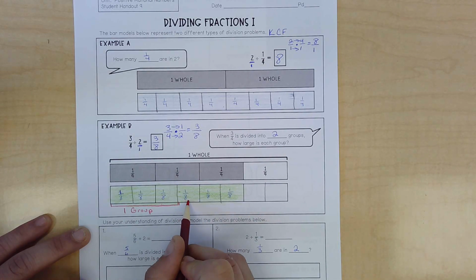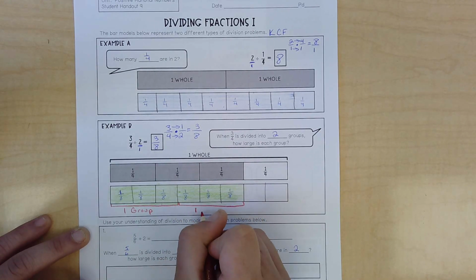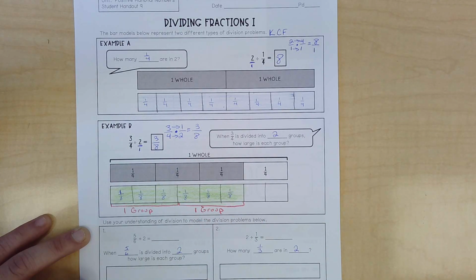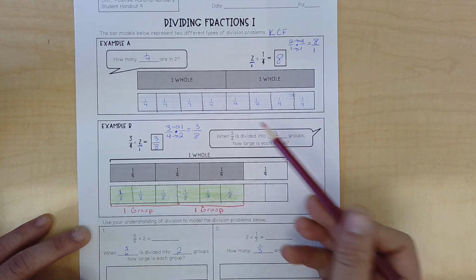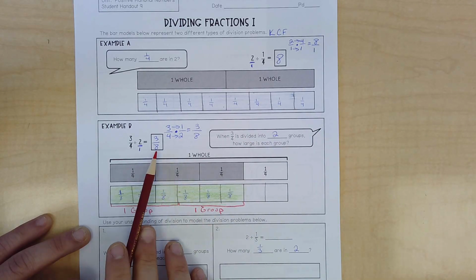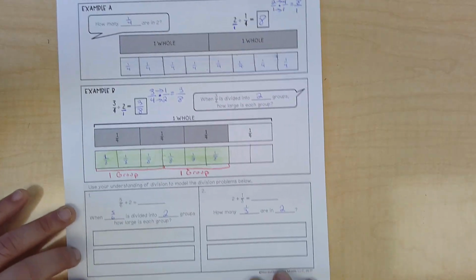Here, another 1/8, 2/8, 3/8. Make up another group. So now I have two groups, which is what we wanted our 3/4 to be divided in. What does it become? 3/8 per group. 1, 2, 3/8 per one group. We're going to keep on going.